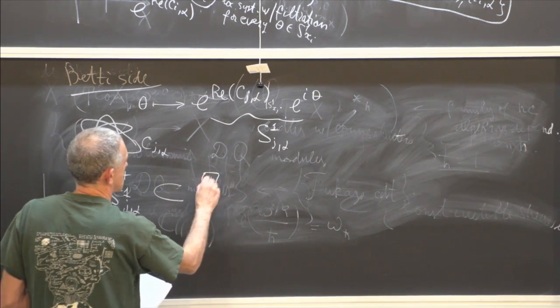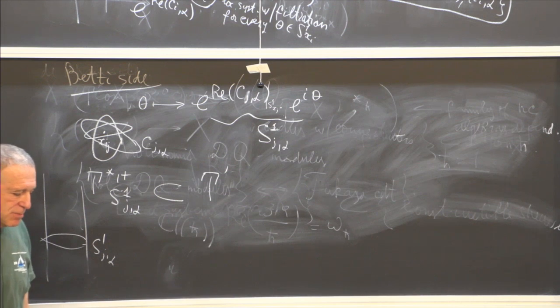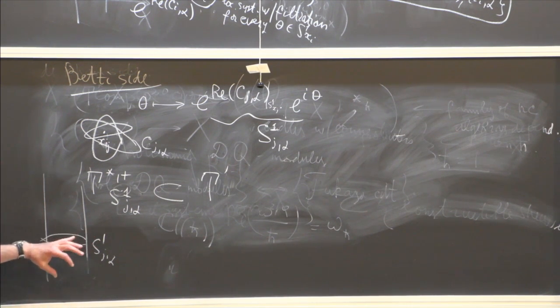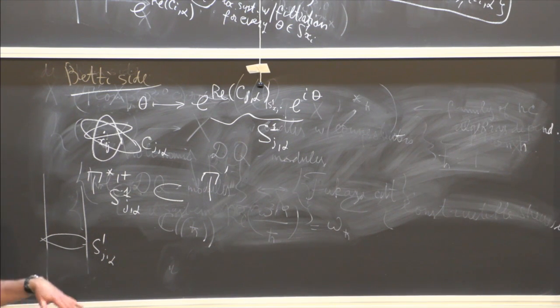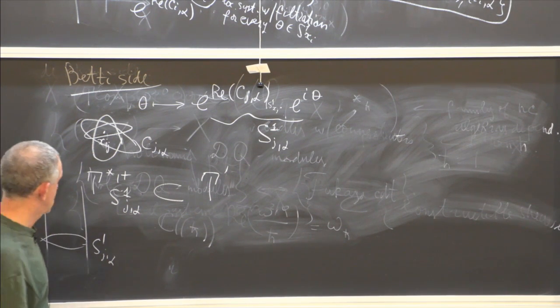So I'm confused where your curves live. So they live in the space of jets, but let's think of them as small circles on X, on the curve.